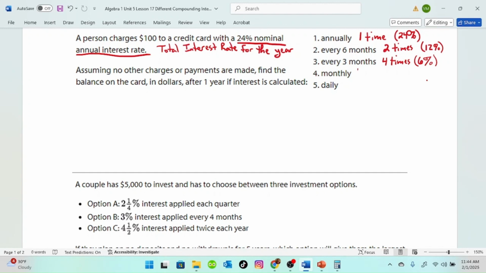Monthly, this means we would charge 12 times, and each time would be 2%, so that we would have that 24%.